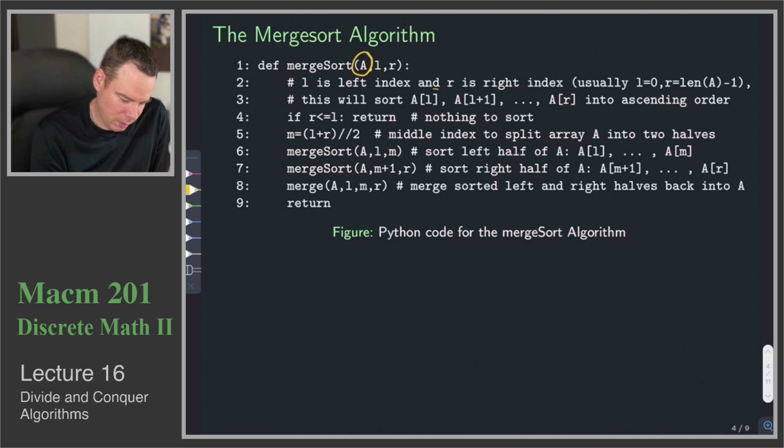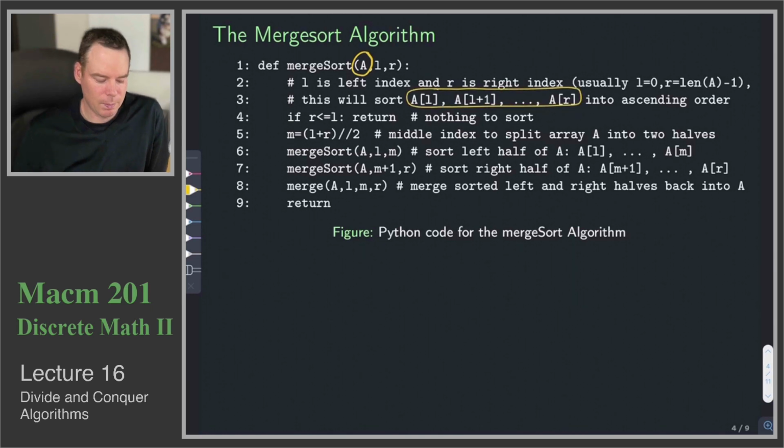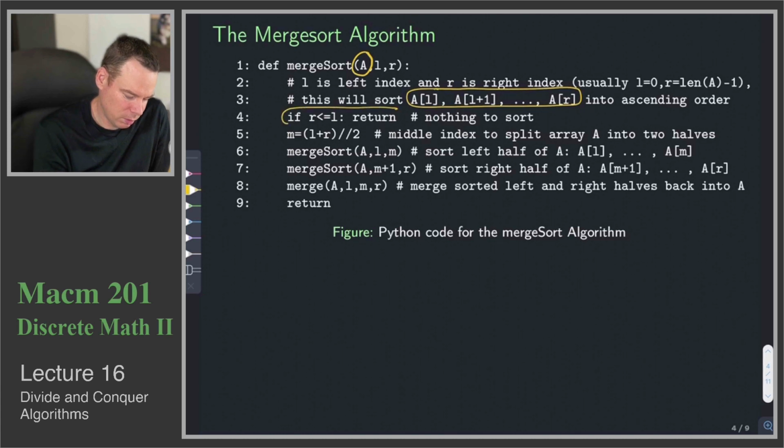This will sort A[L] through A[R]. If R is less than or equal to L, it means we don't have anything to sort. It's either 1 or no elements. So that just is a quick return. So nothing to sort, nothing to see here, nothing to do here.